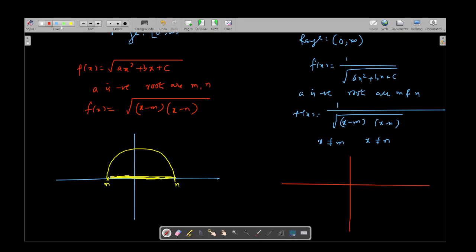The graph would look like this. At m it is a very large value, because it becomes infinity, so the curve will look like this. So the inverted image of this is this. You'll get some minimum point here, f minimum, which helps us to find the range of the function.